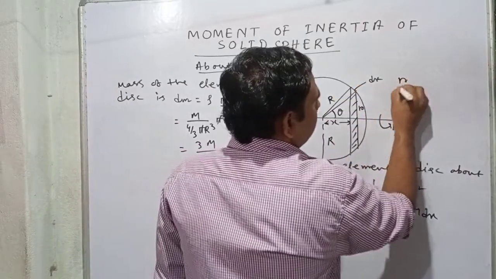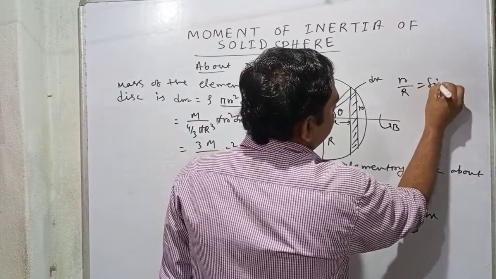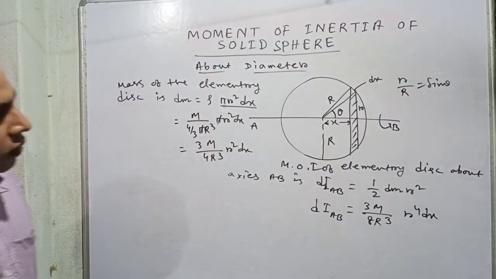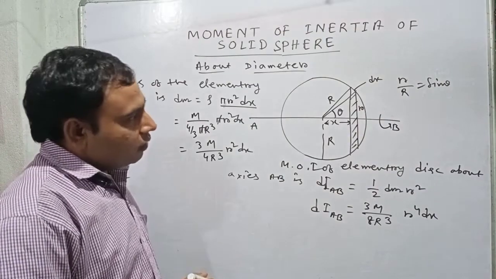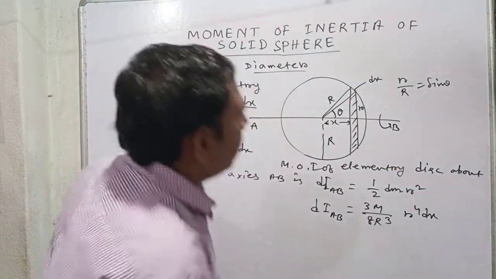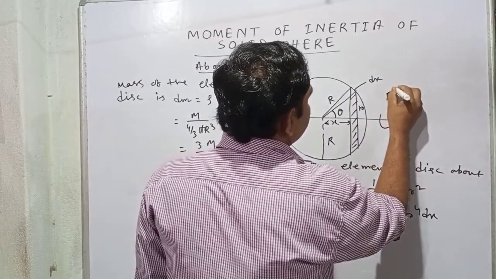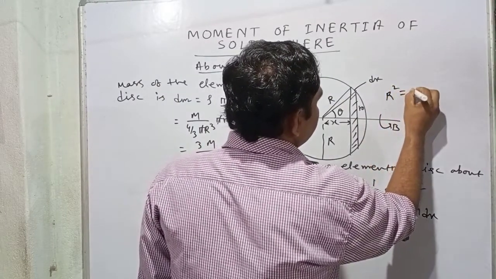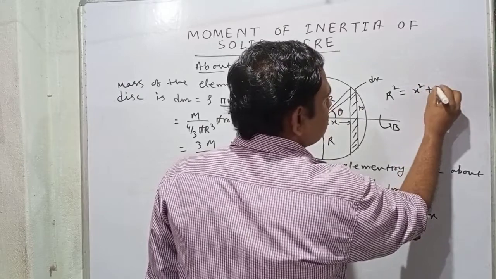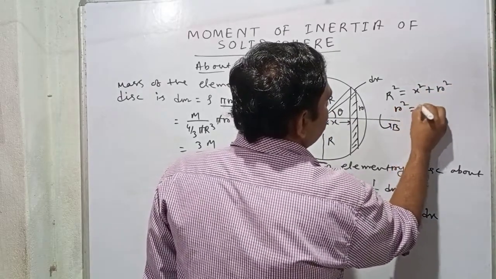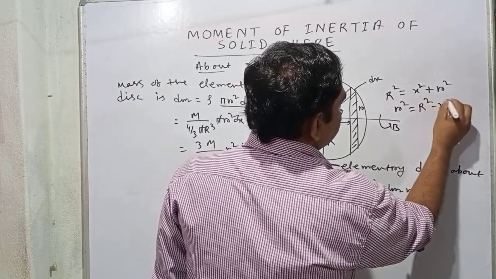Perpendicular divided by hypotenuse equals sine theta. Another way: capital R square, the hypotenuse square, equals base square, x square, plus perpendicular square, small r square, so r square equals capital R square minus x square.